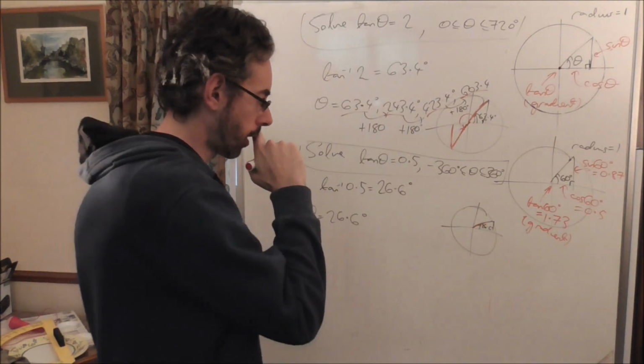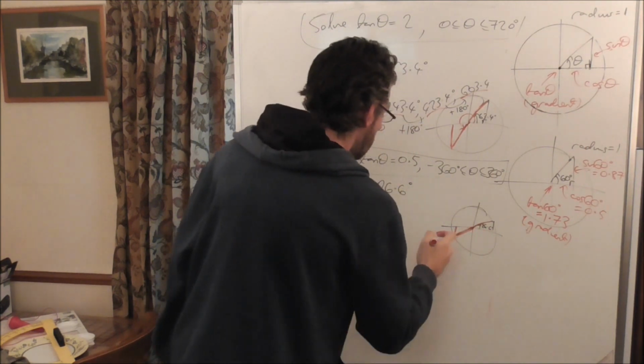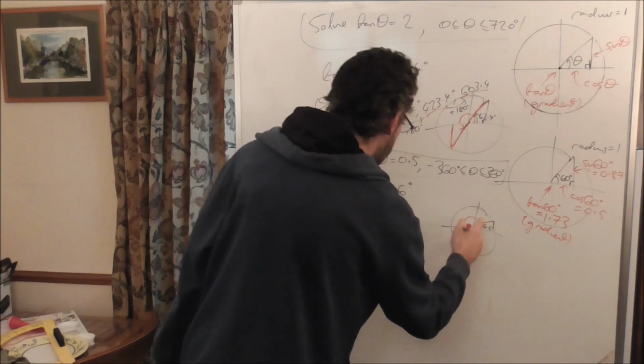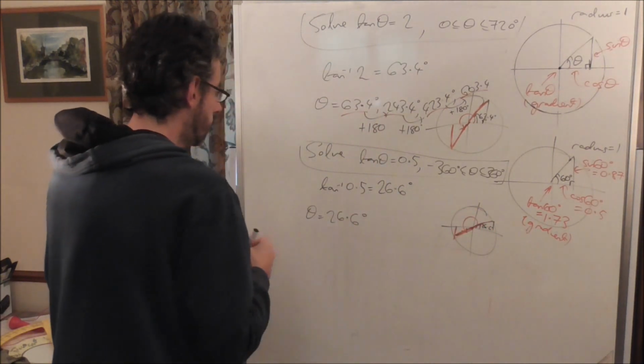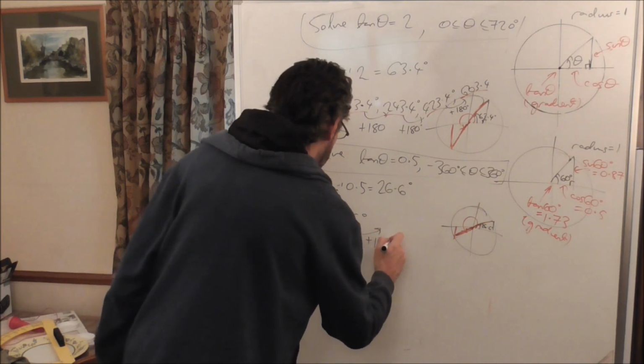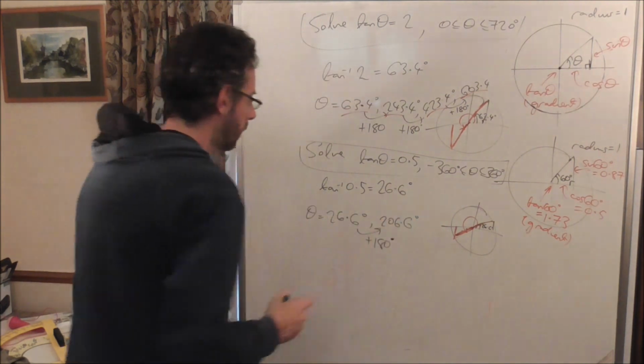The other triangle with the same gradient is just over here. Just extend the line. So the next angle we want is just 180 round from this angle. So you just add 180 and you get 206.6.